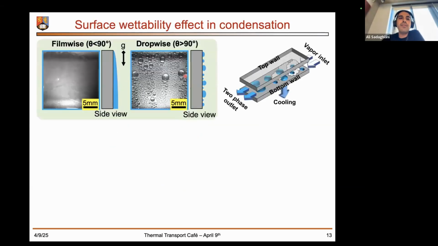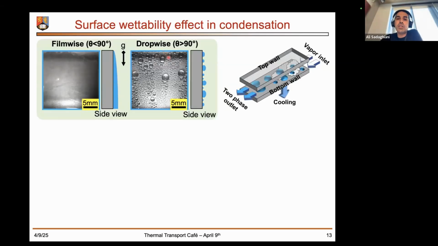So depending on the wettability of the surface, we have film-wise condensation and drop-wise condensation. In film-wise condensation, there is a liquid film on this cold surface, which, as I said, acts as a thermal resistance, and it has a very low performance.